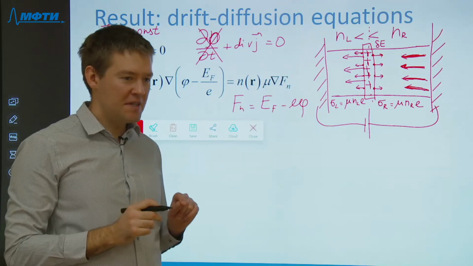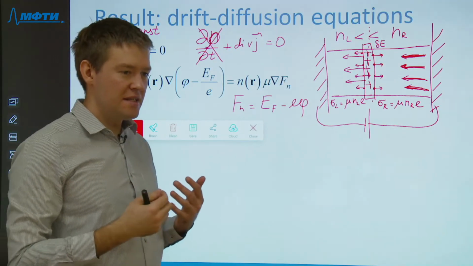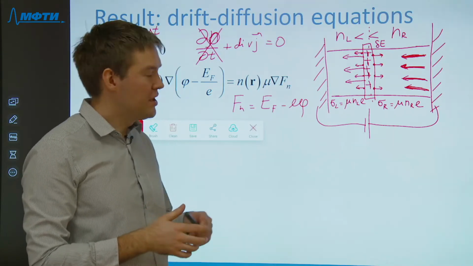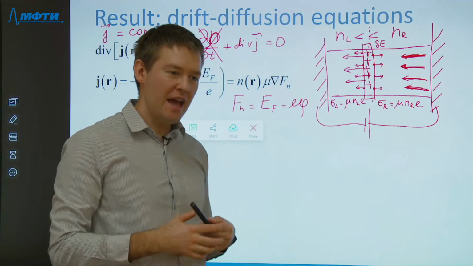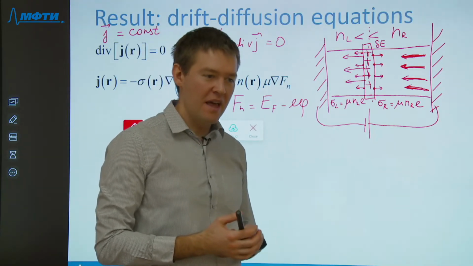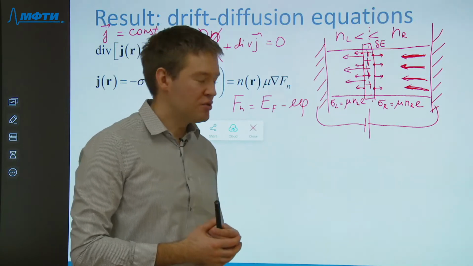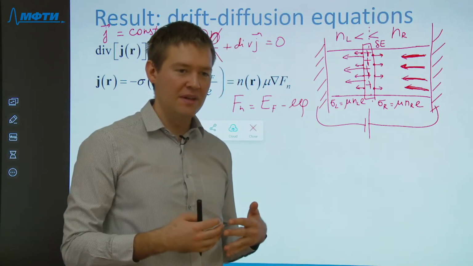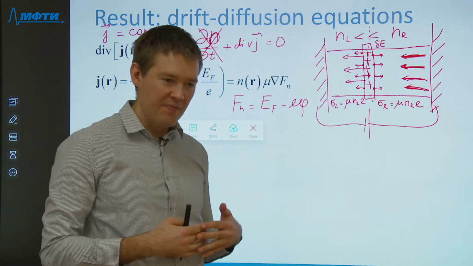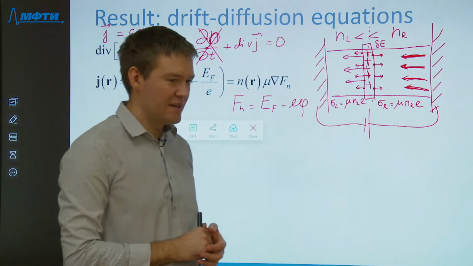If the currents are non-equal at various points, then in the steady state the charges would accumulate on the boundaries and create an extra electric field, and this extra electric field would try to make the current uniform in the sample. This is a very non-trivial situation.